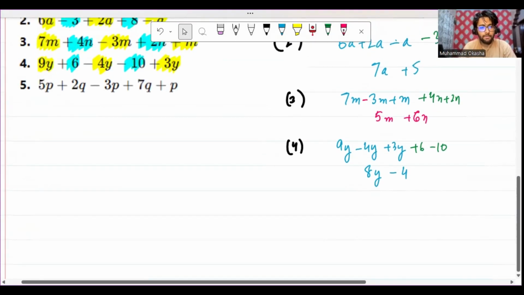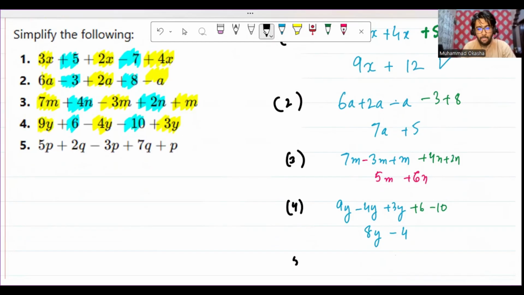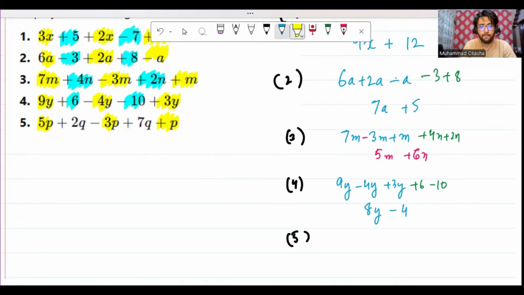Let's do the last one. Let me highlight them. So 5p minus 3p plus p. I'll write them first: 5p minus 3p plus p.